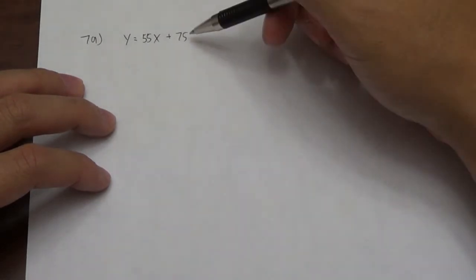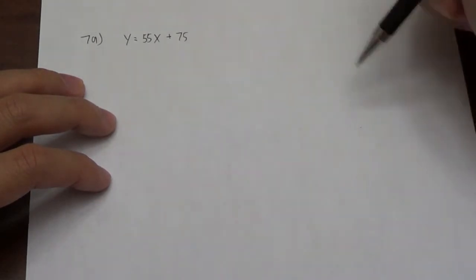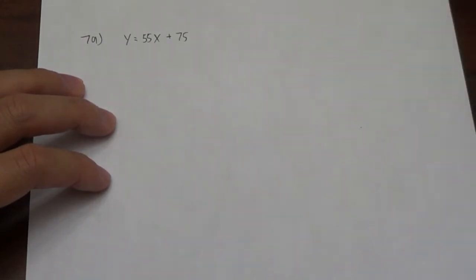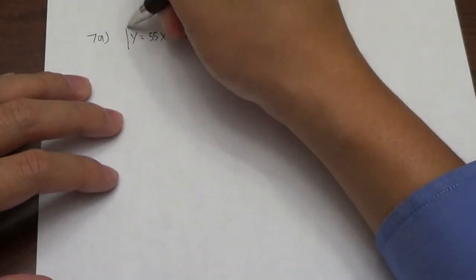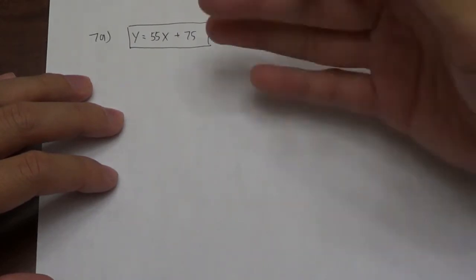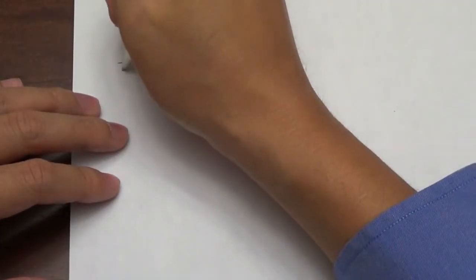If you can't figure that out, then you would need to make a table, and from the table you can figure out the pattern. From the pattern you can come up with the equation. But that is our function. Remember, anytime they're asking for a function or rule or equation, it basically means the equation.